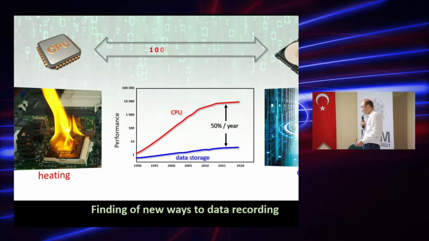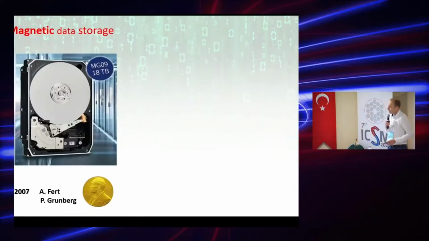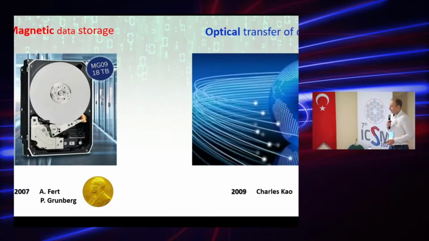At this moment, we are finding a new solution, a new way of data recording using not only electrical current or magnetic field. Recently, magnetism facilitates the most reliable memory device, and light provides ultra-fast and energy-efficient transfer of digital data in optical telecommunication networks.